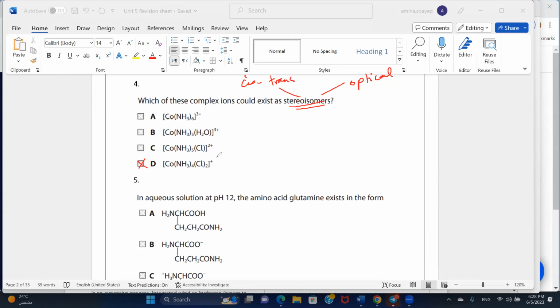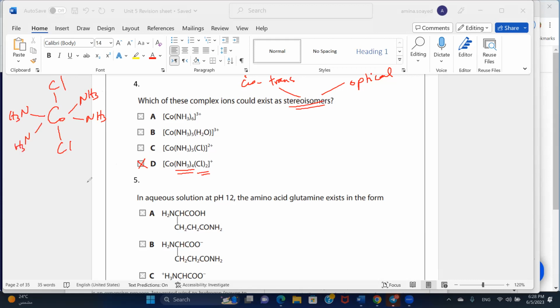So the cis and trans is similar to the cis and trans in organic molecules, but here we have a cobalt bonded to 4 ammonia and 2 chlorine, so both chlorine atoms could be trans to each other, and the rest of the ligands are like this.